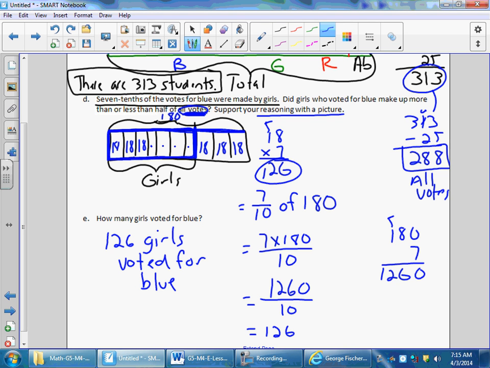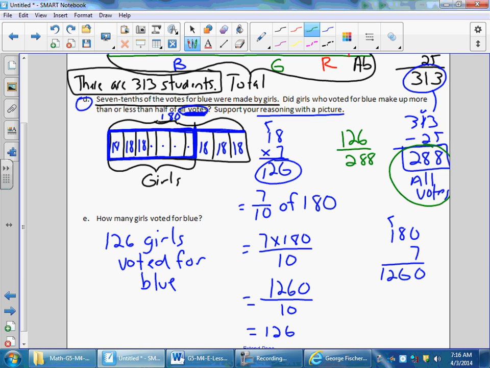Now, first question I have to come back to now, of D. Did girls who voted for blue make up more or less than half of all votes? Remember, here's my all votes, 288. That was blue plus green plus red. Is 126 half of 288?